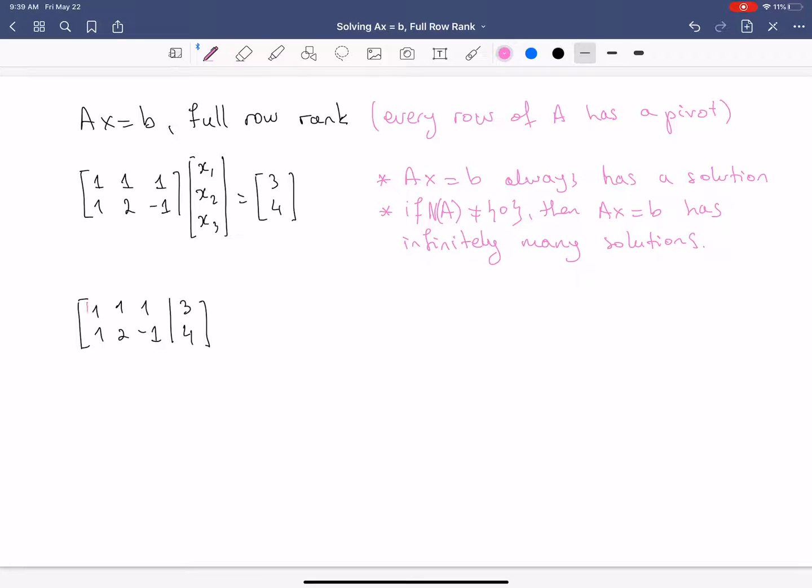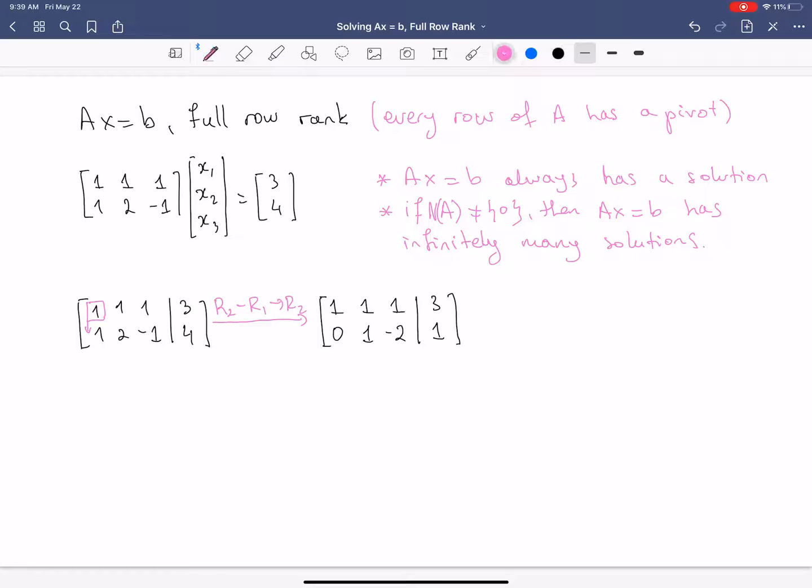We carry out elimination in the usual way. So we get R2 minus R1 into R2. We get 1, 1, 1, 3, and then 0, 1, negative 2, 1.